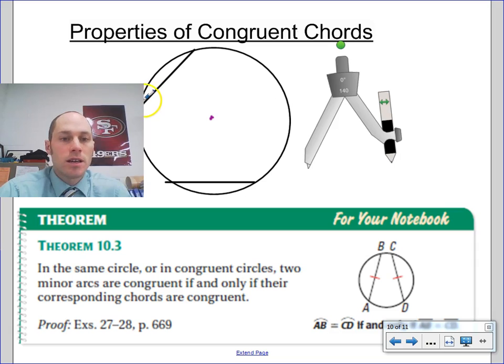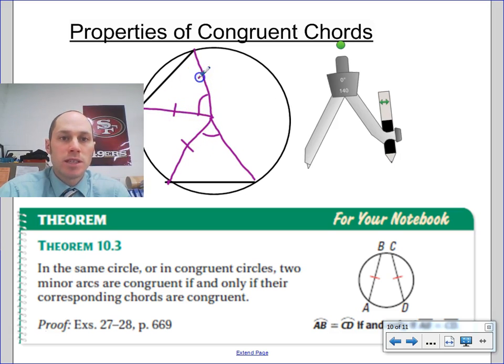Well, if these arcs were congruent, it would have to mean that they would have the same angle measure for their central angle. So if these central angles were congruent, well, then what would we have? We'd have an angle congruent, and these are radii.